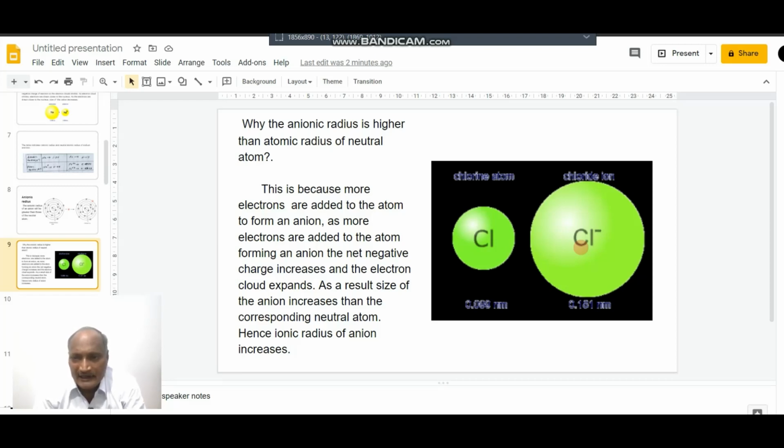As more and more electrons are added, the electron cloud expands. As a result, the size of the anion increases. Hence, we observe an increase in the size of the chloride anion.